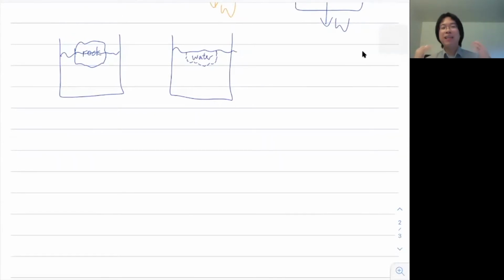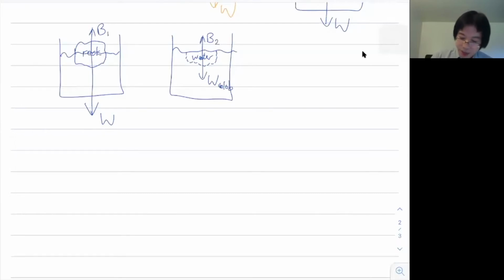And the argument now repeats itself. This blob of water, blob number 2, floats. Agree? That means the buoyant force over here equals the weight of the water of this blob. Now this rock is very heavy, right? The buoyant force, now that you understand, B1 is the same as B2, right? So my question is, what is B1? Well, B1 is the same as B2, as my argument went.